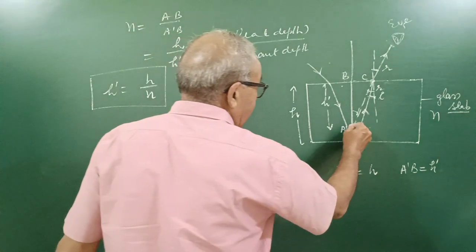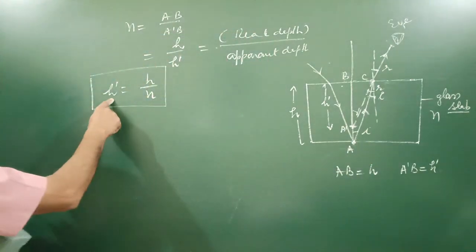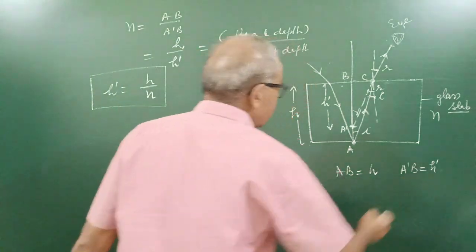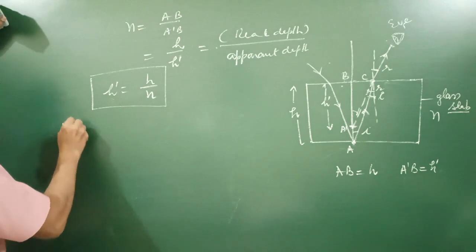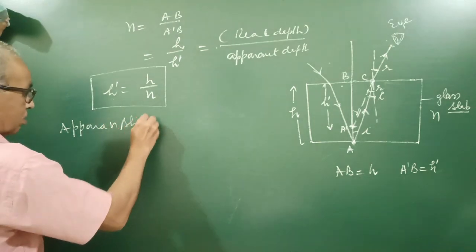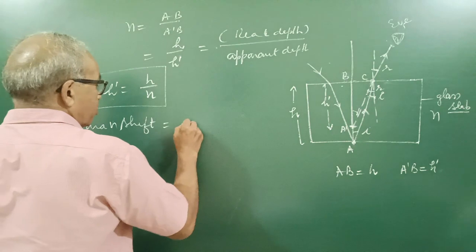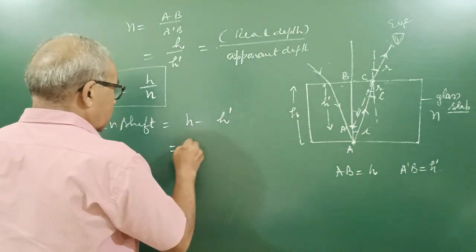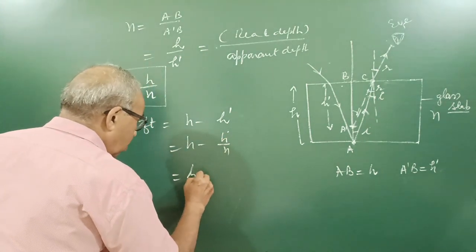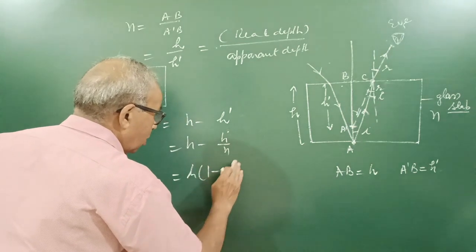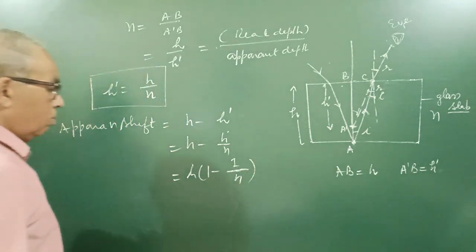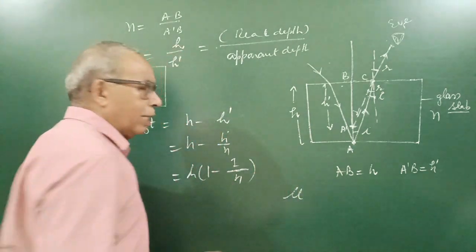So how much is this shift A dash? Actually it is A dash B, H dash means A dash B. So apparent shift is equal to H minus H dash, that is H minus H upon N. So it is H common, 1 minus 1 upon N. Some authors use mu in place of N, mu, that is index.